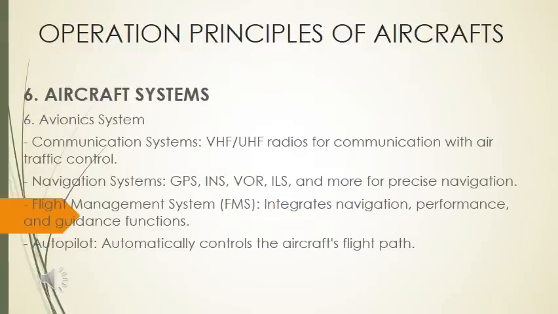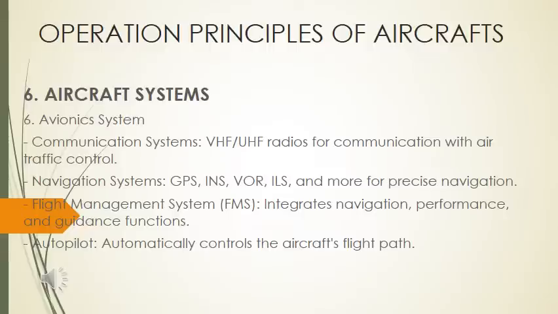Next is the avionics system. This includes communication systems, navigation systems, flight management system, and the autopilot. First, the communication systems: VHF, UHF radios for communication with air traffic control. Navigation systems, the use of GPS, INS, VOR, ILS, and more for precise navigation. I mentioned some of these things before.